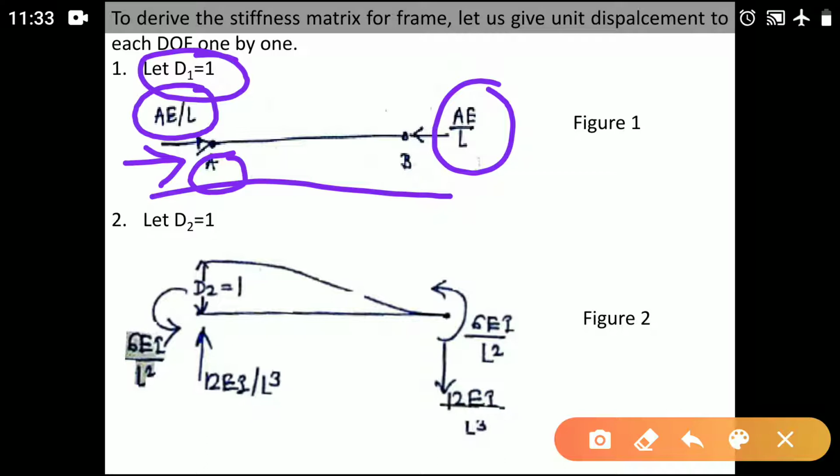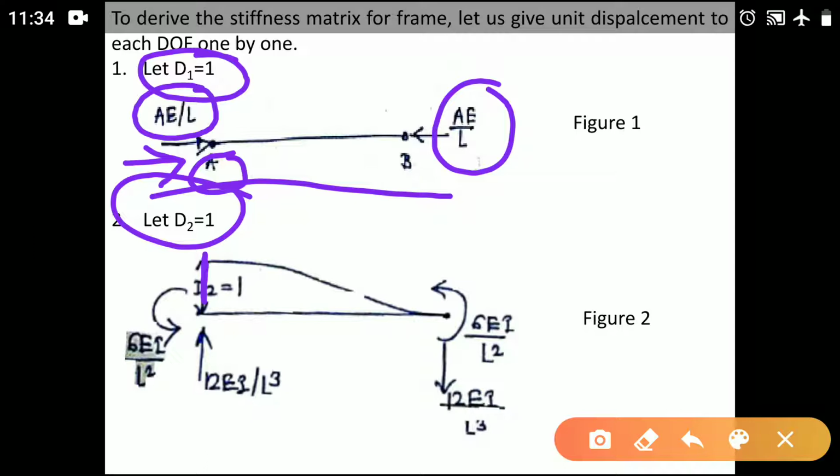Second step: let us give unit displacement to the second degree of freedom, that is D2 equal to 1. D2 is displacement in y direction at node A. So let us give the displacement in y direction by an amount 1.